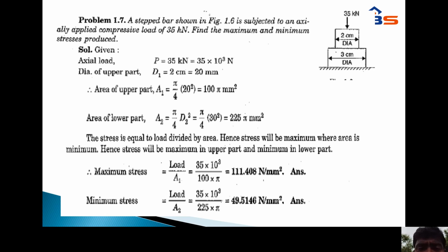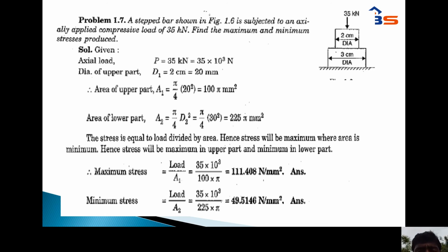Next, area of the lower part A2 equals pi by 4 into D2 square. D2, the diameter of the lower part, is 3 centimeters, converted into mm, 30 mm.